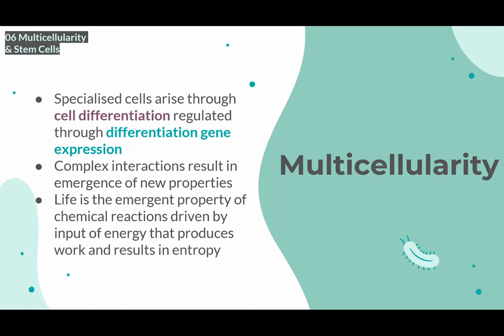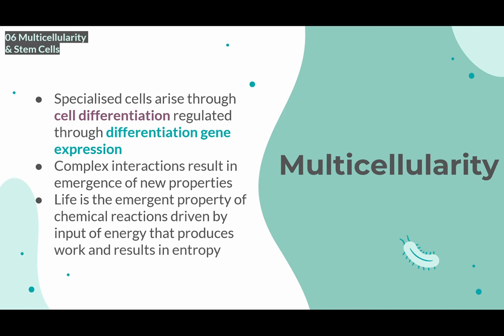With that we come to multicellularity, meaning that there are specialized cells that arise through the process of cell differentiation, regulated through differential gene expression. Cell differentiation means basically the expression of some genes from the organism's genome in the cell, but not others.